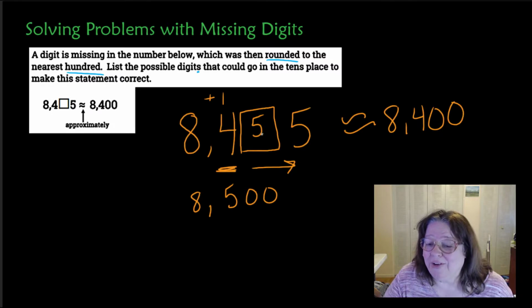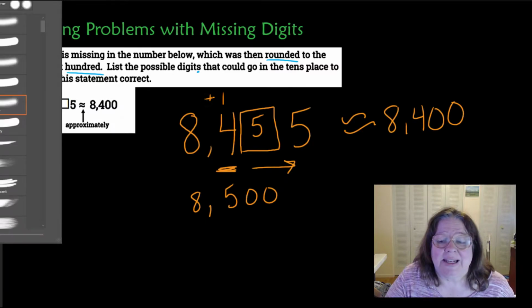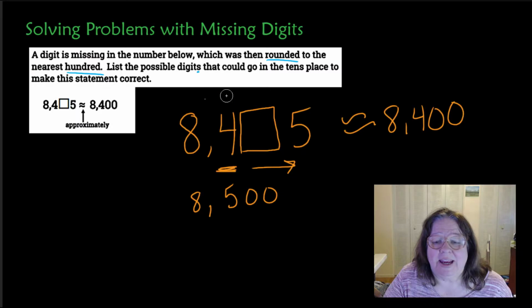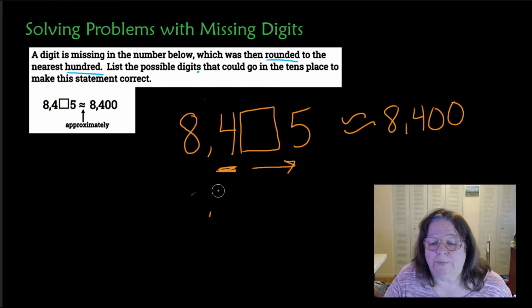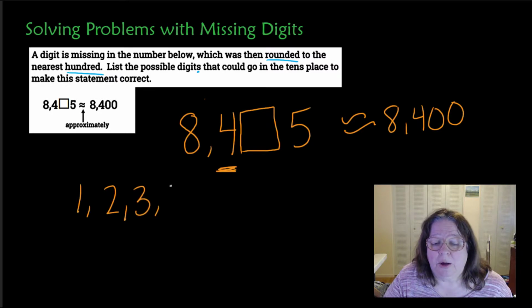Well, that is if our number is 5 or more. Our number didn't round to 8,500, so that means that our number has to be less than 5. It cannot be 5 or more. When we think about our rounding rules, it can only be a 1, a 2, a 3, or a 4.